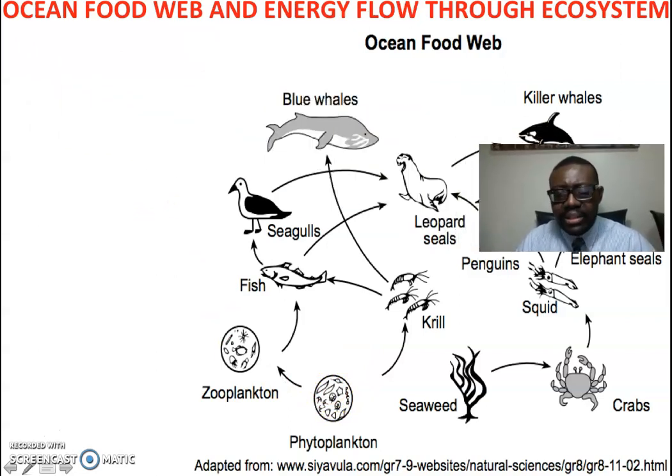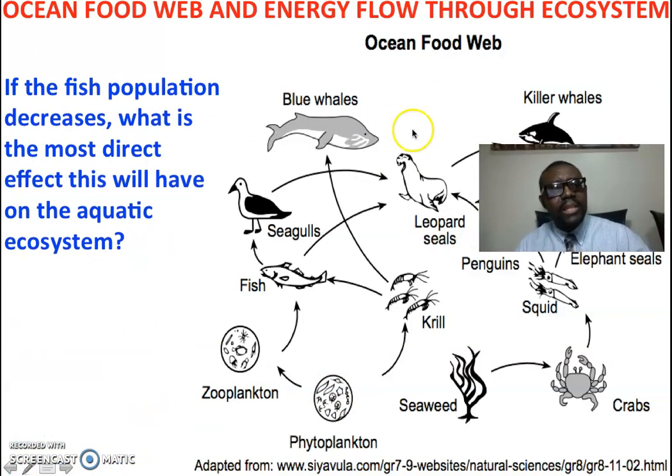All right, so the question reads, if the fish population decreases, what is the most direct effect this will have on the aquatic ecosystem? So the most direct effect: you need to look at what the fish consumes, what the fish eats. The fish eat zooplankton.